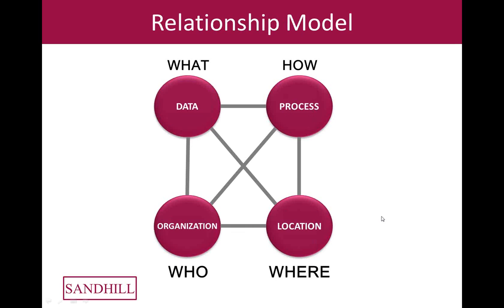So effectively what we're seeing now in terms of a modern day architecture is not so much the hierarchy, but really this kind of network model that deals with a set of relationships that talks to data, process, organization, and location. And I guess the important thing about that understanding then is if I were to tug on one piece in any particular area, you'll notice then it is connected to all the other things. So to help us understand change, we have to understand the relationships between all these things.